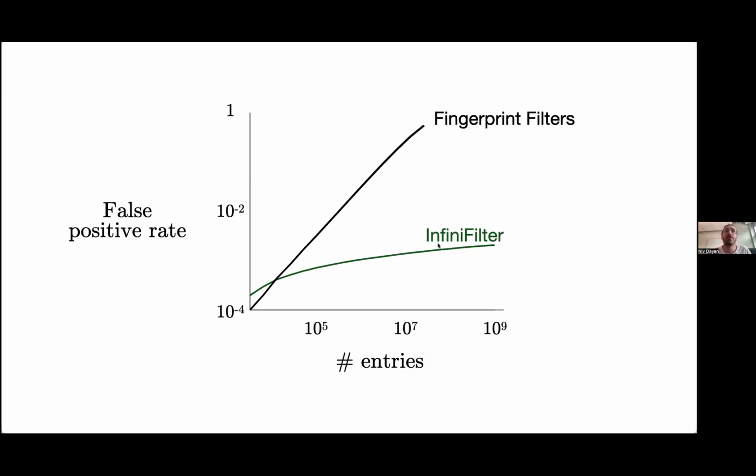For InfiniFilter with fixed length slots, the false positive rate is logarithmically increasing. Right? And then if you use the trick with slightly growing slots, you can actually completely stabilize the false positive rate. It just becomes constant, but you're spending more memory, log n more memory. Okay, so these are the kind of trade-offs that you can deal with. So basically you can control whether you want a better false positive rate or a better memory footprint by choosing between these two schemes.